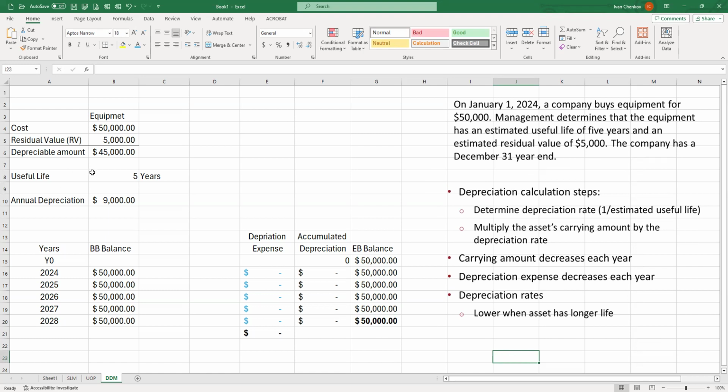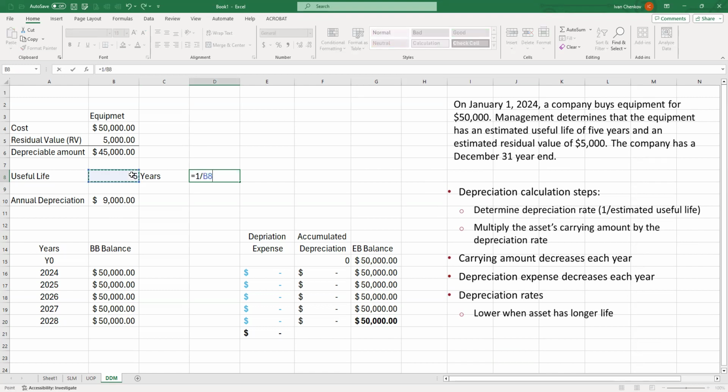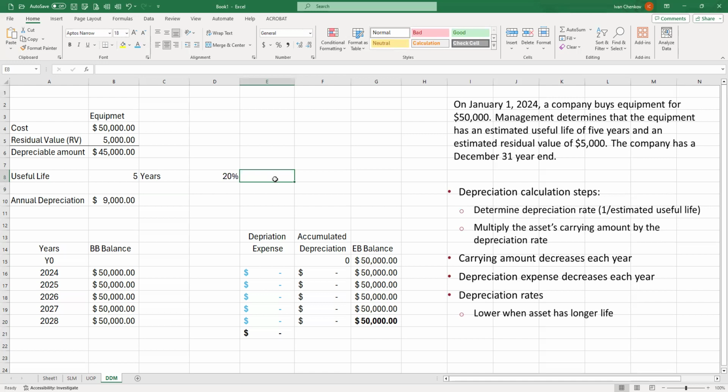It's very simple. We have the useful life of the machine, right? One divided by the useful life of the machine is going to give us the percentage. So technically, every year, if we transfer 20% of the cost of the asset, we're going to depreciate our asset, because 5 years times 20% is going to give 100%.